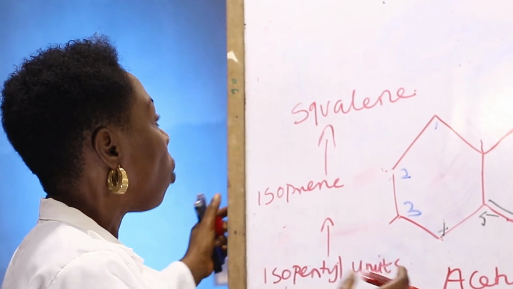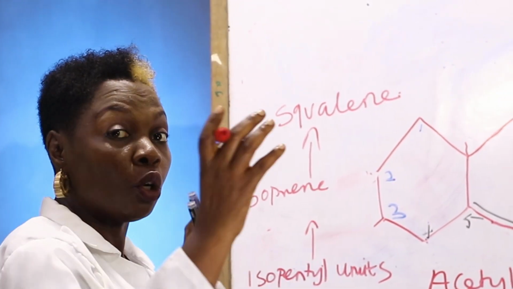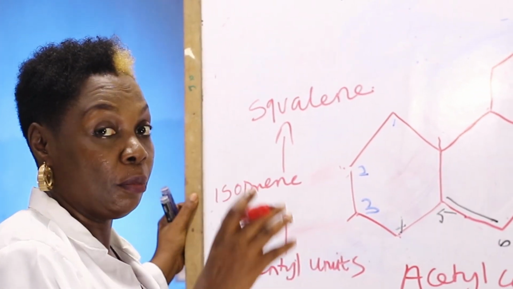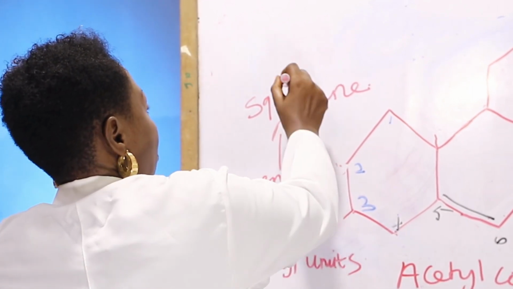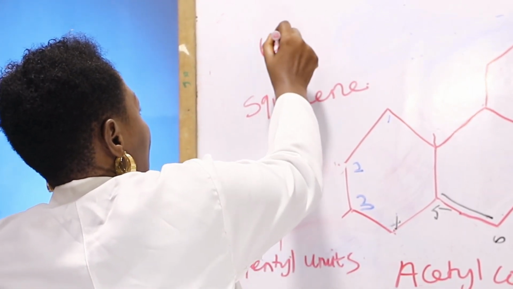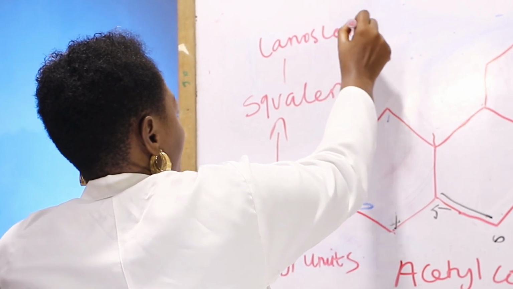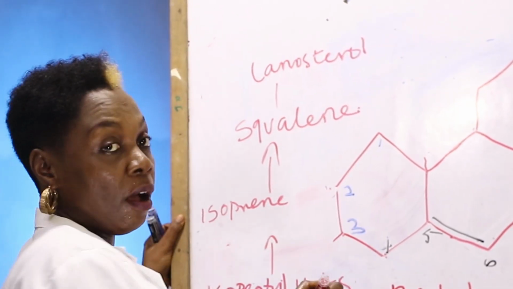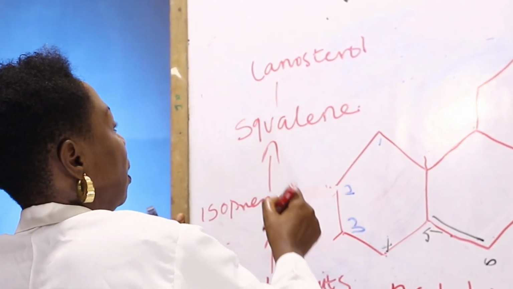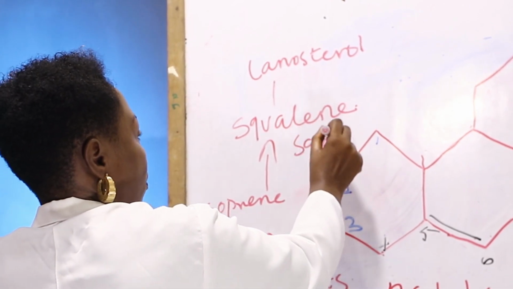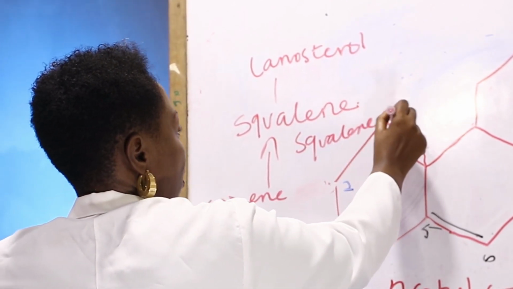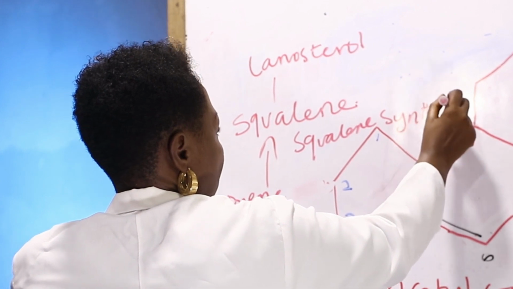So now from squalene, you have the beginning of the formation of the sterol compound. And from squalene, you have lanosterol. So you have the enzyme squalene synthase.